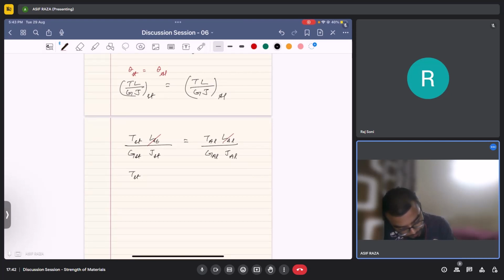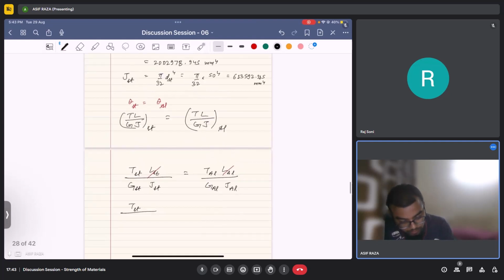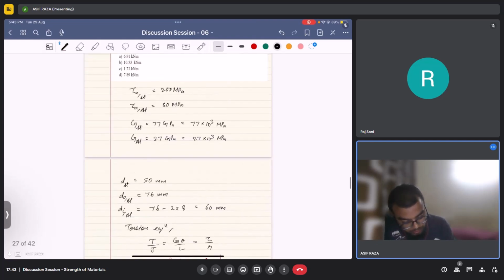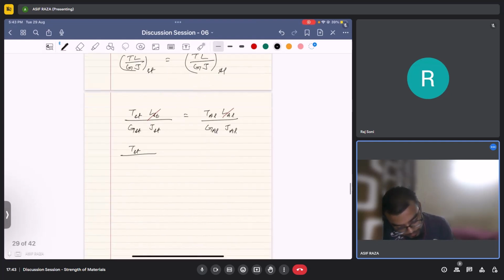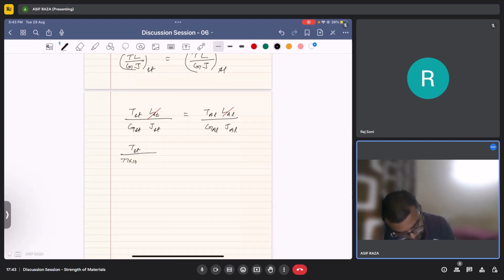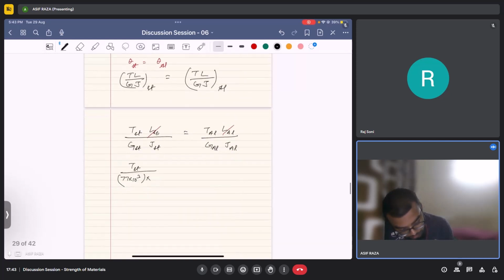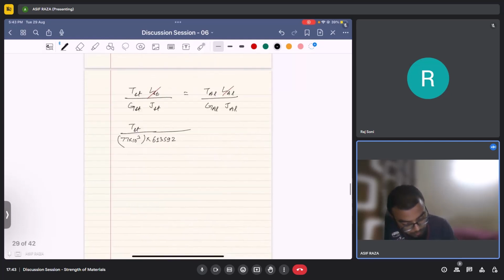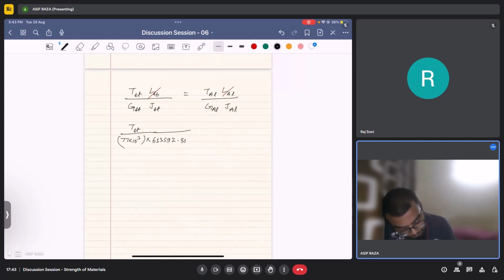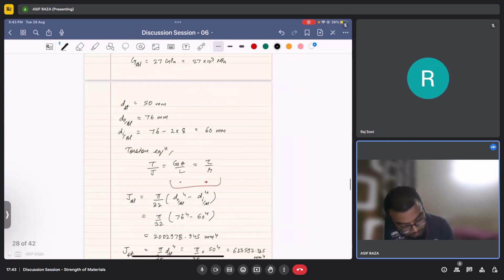Okay, G steel is 77, J steel is 613,592.315, and this is 27, I think.